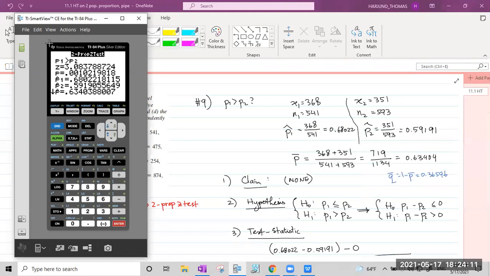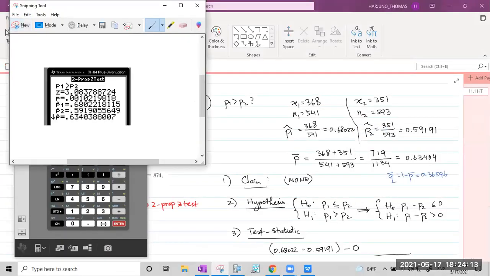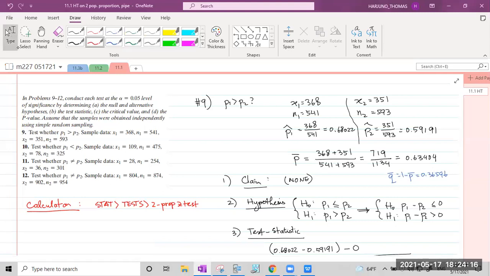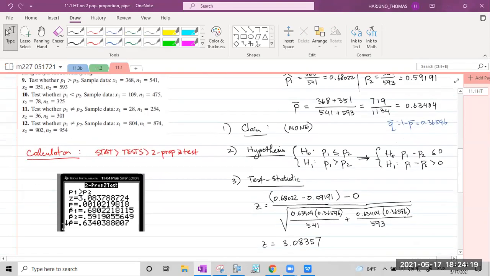You see that the calculator helps you speed up the computation a lot. My test statistic is very close, correct to 3 decimal places. Why are they different? Because the numbers used here already include rounding error.